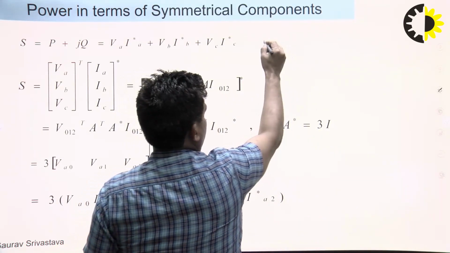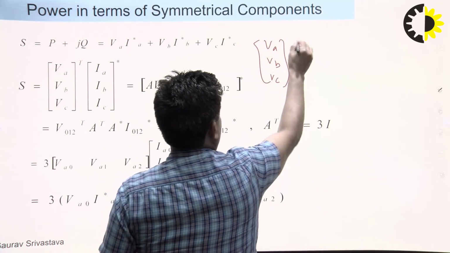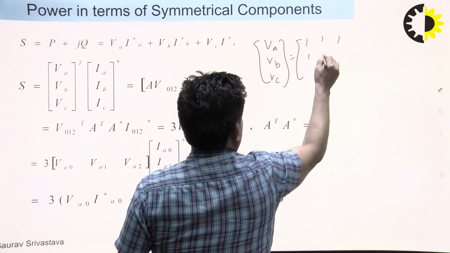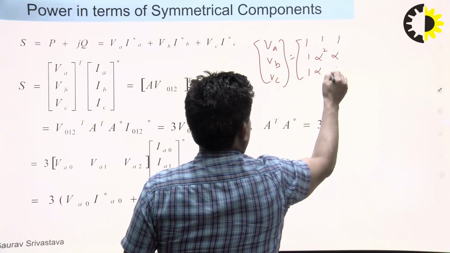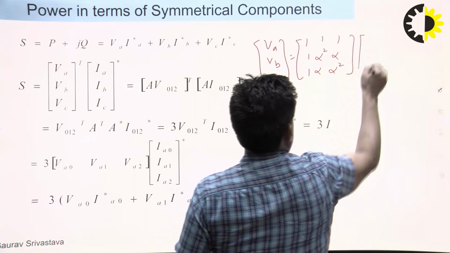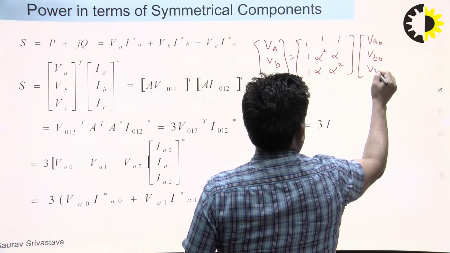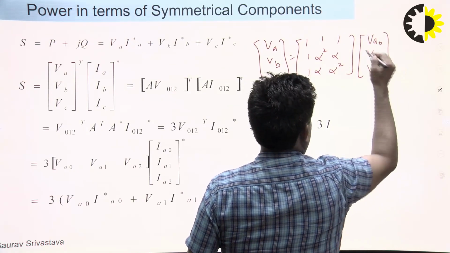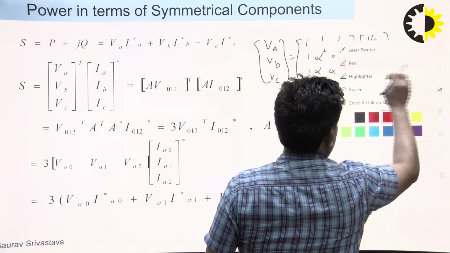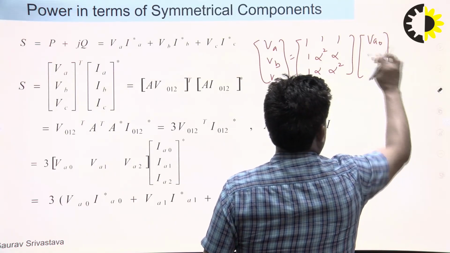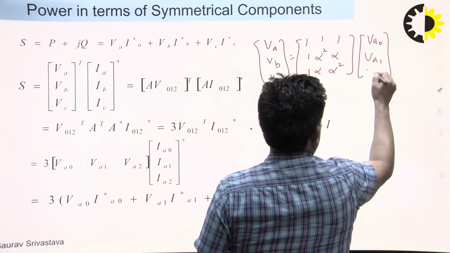VA, VB, VC is equal to the matrix 1 1 1, 1 alpha square alpha, 1 alpha alpha square, times VA0, VA1, VA2.